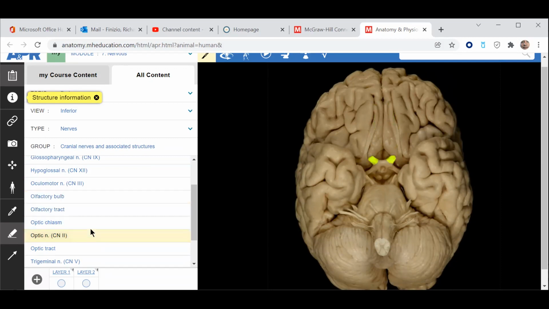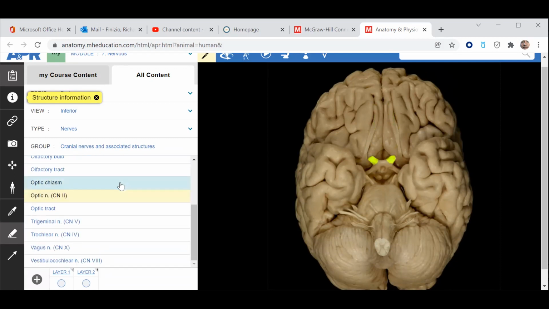Now here's the optic nerve. This is important. See, optic nerve, cranial nerve 2. Then you have the optic chiasm, which is the crossover of cranial nerve 2. Then you have the optic tract, which is behind the optic chiasm. So again, cranial nerve 2, optic chiasm, and then optic tract.